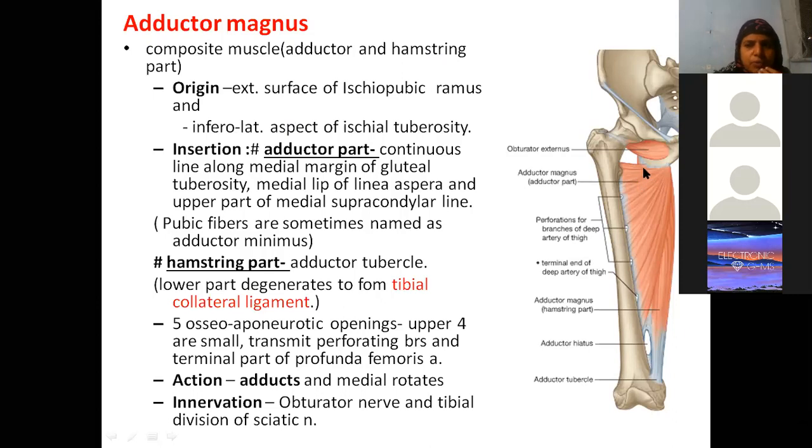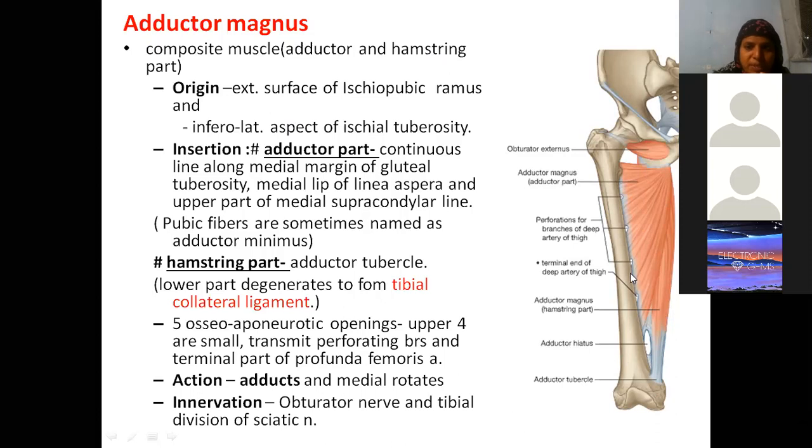Okay, and now you see the fibers are running downwards, forwards, and laterally, and they are getting inserted into the linea aspera, isn't it? Medial lip of the linea aspera. Do you remember adductor tubercle? I said the bony elevation which is formed due to the insertion of this adductor magnus. And you are finding there are certain openings.